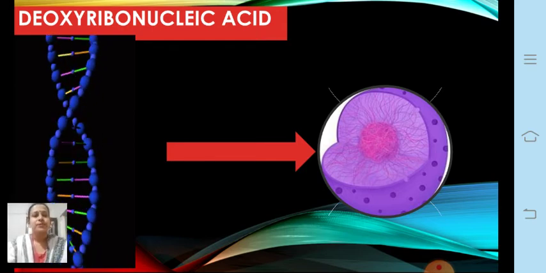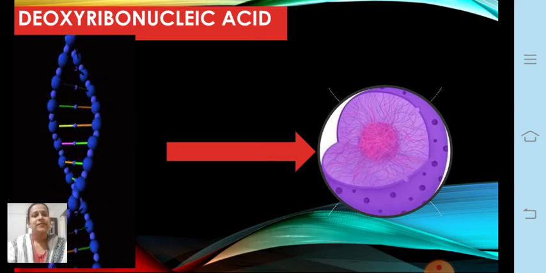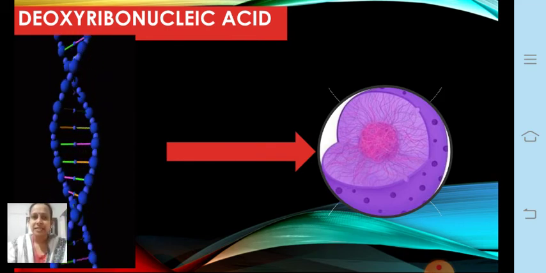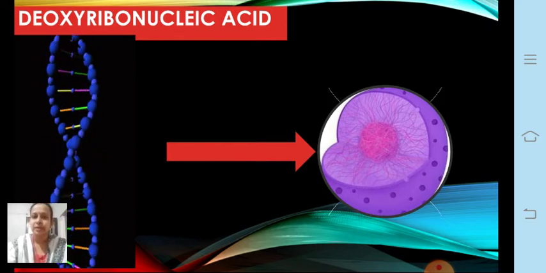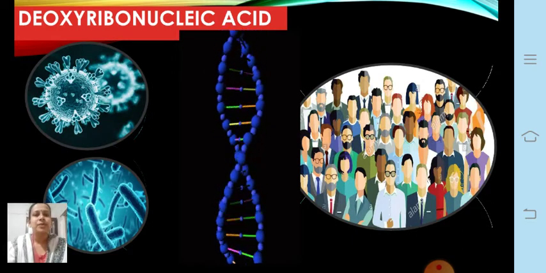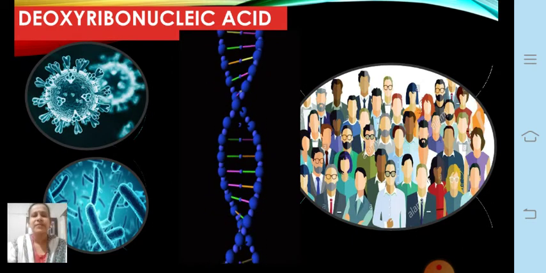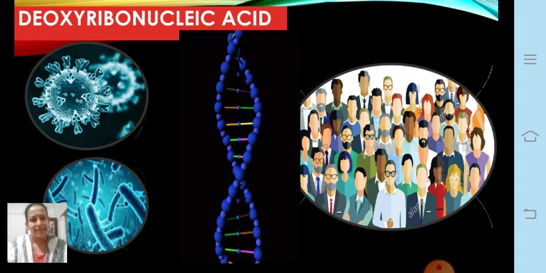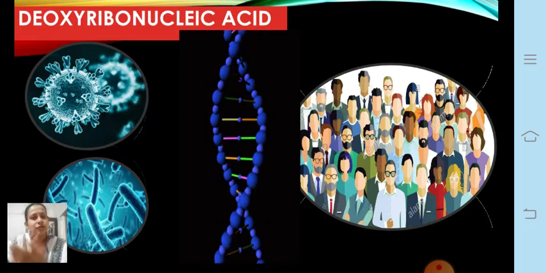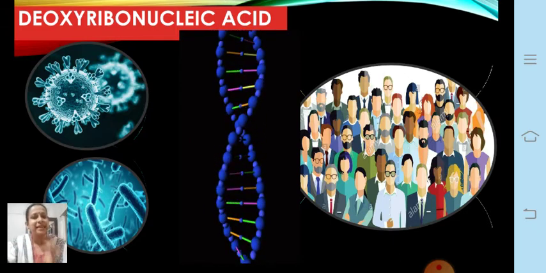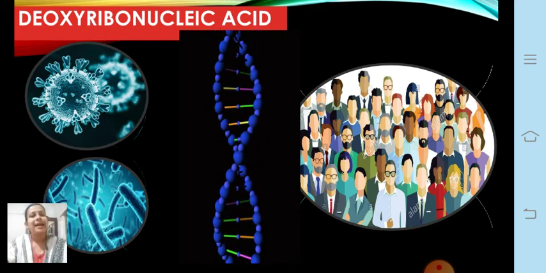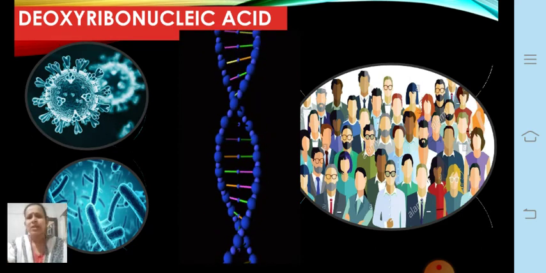Now, you have come to know that it was first discovered by Frederick Miescher in the year 1869 in the nucleus, so it was called nucleic acid. DNA is actually present in every living organism, whether it is a virus, which is at the edge of living and non-living, or bacteria and all other organisms.